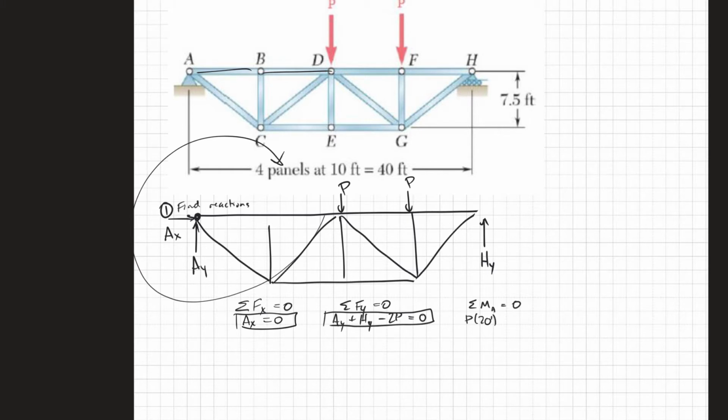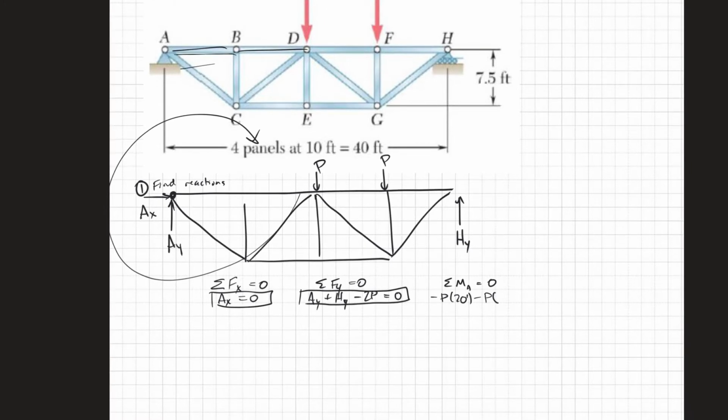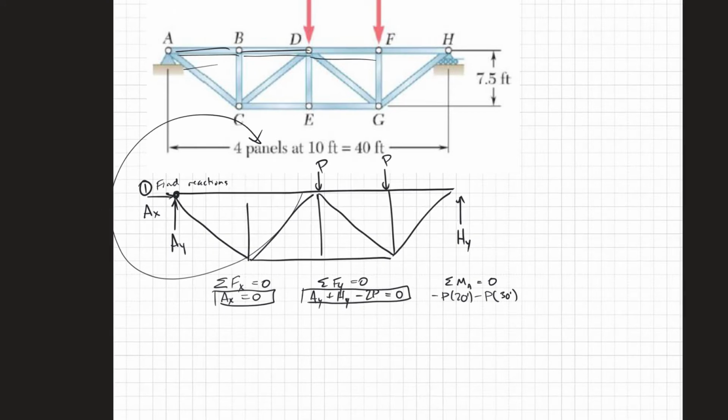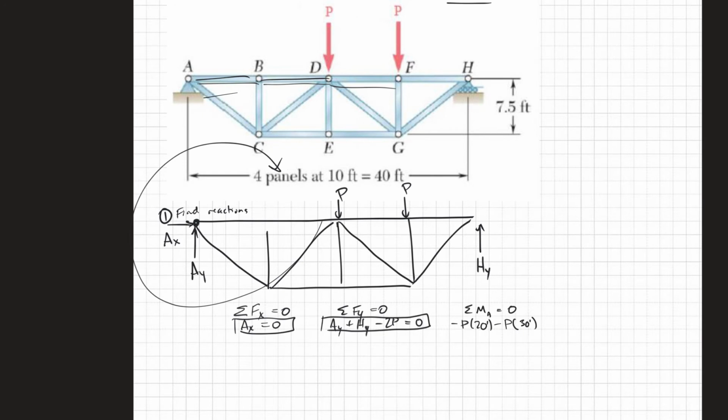So that's a negative, clockwise. Minus P times 30 feet, and then we've got HY, and that's going to be the full 40 feet.